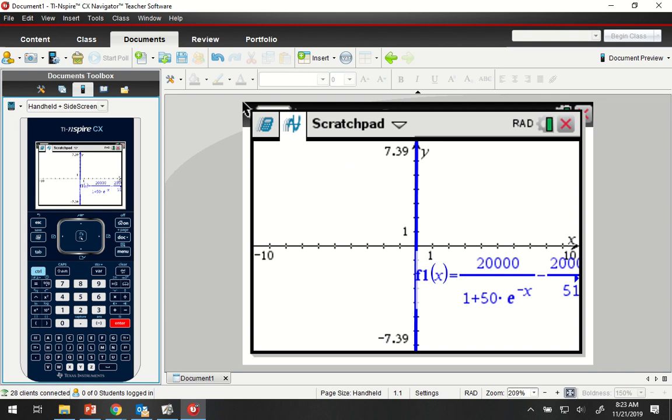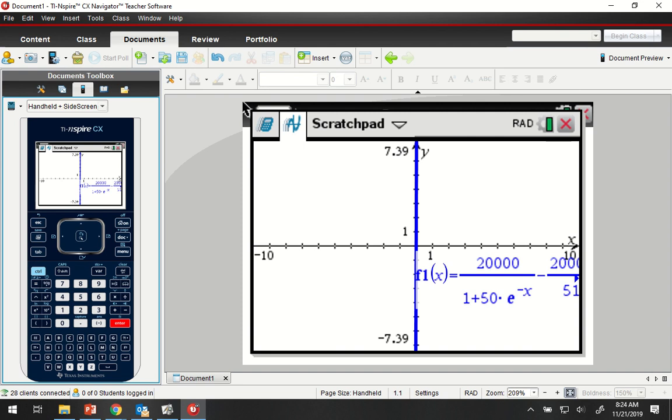So what is that telling me? What does it tell me about my values? What do I have to change here to see my values? Yeah, let's change the window.